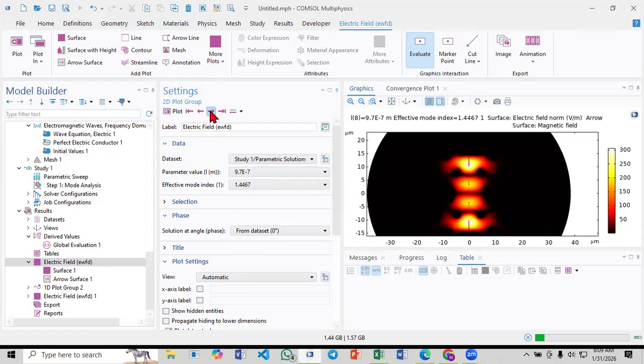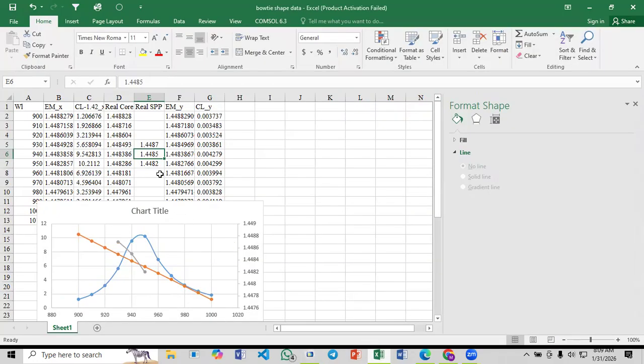There is no perfect SPP mode at this wavelength, but I think this is very close to the SPP mode. So the value is 1.4478.